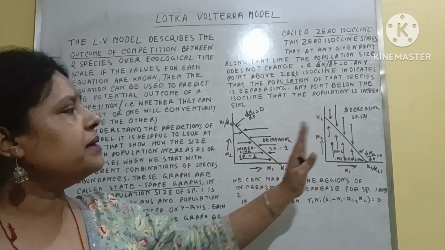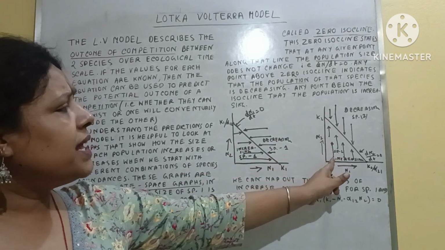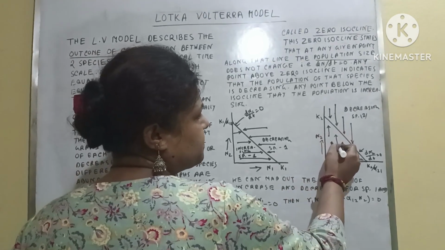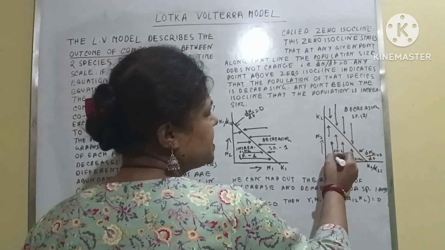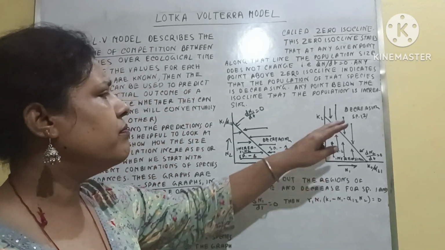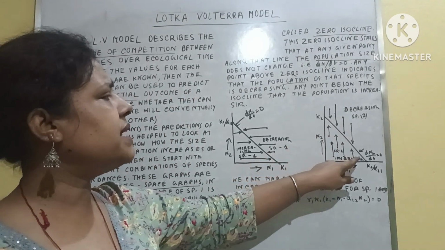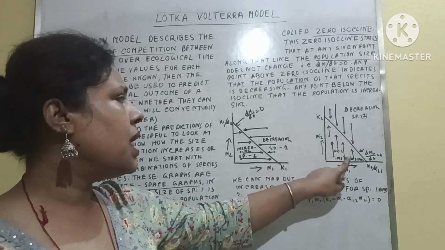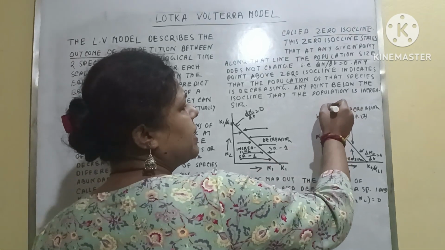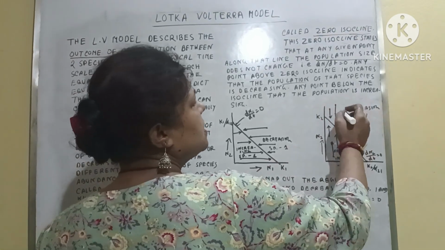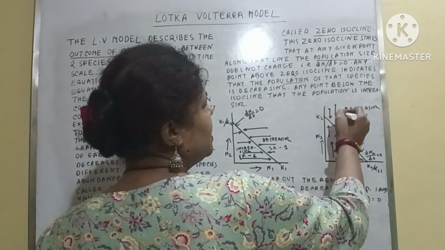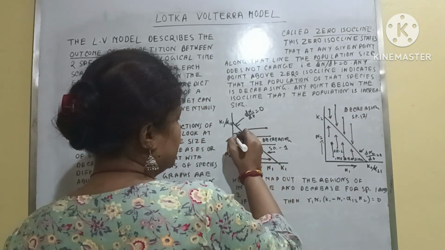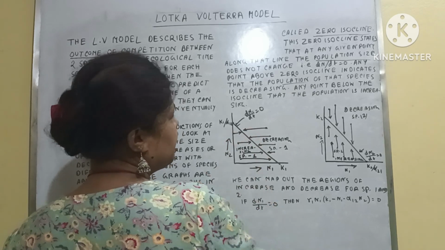Same thing here: if points remain below this line, the number of individuals is increasing, and if points are above, the number of individuals is decreasing.